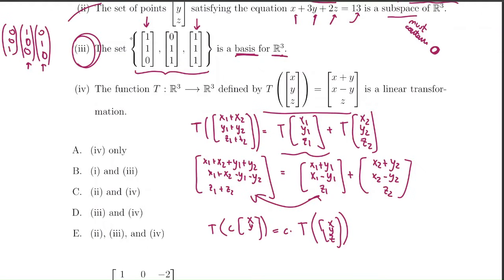I guess we could do it: c times x plus y, c times x minus y, c times z equals c times x plus y, x minus y, z. So these are definitely equal, so this is a linear transformation.